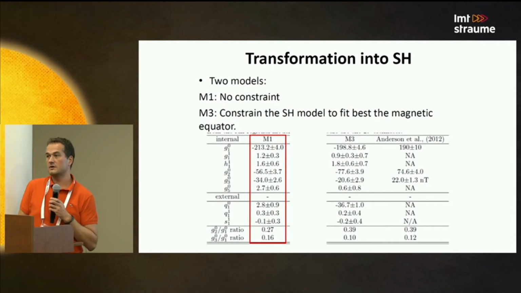So the question now was, why is it so different from the model of Anderson? So we carried out another analysis, and we added more weight on the data near the magnetic equator, because in the model of Anderson and co-workers, they derived this model by just trying to find out where the magnetic equator was. And they assumed that this was really the parameter that had to be fitted by their model.